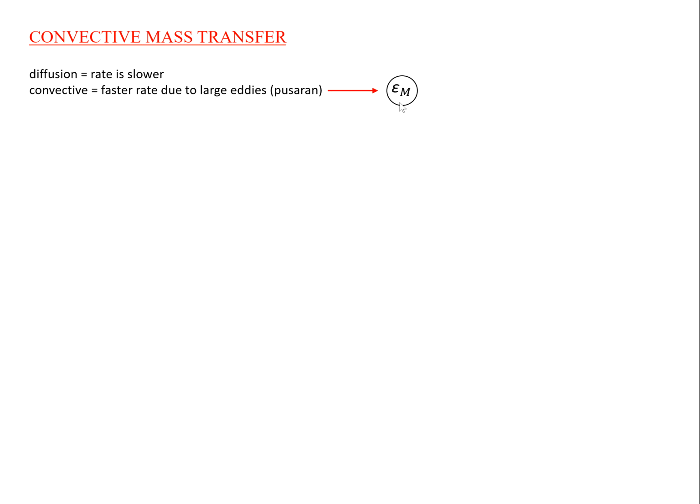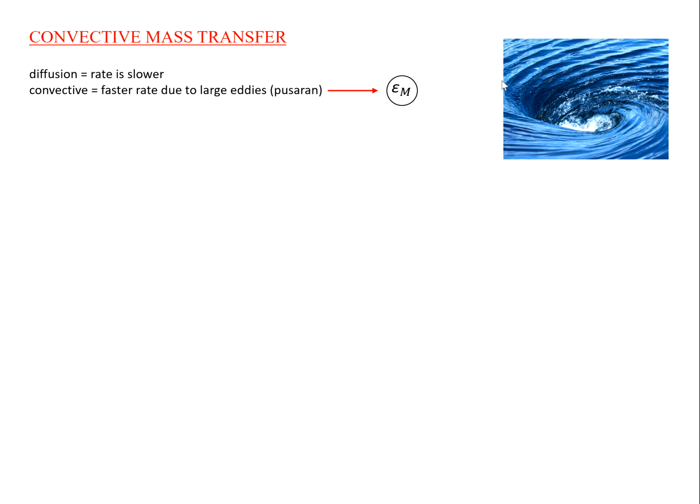So what is eddies or pusaran? This is the representation of eddies. Here you can see that when you have eddies, you have a larger or faster rate of mass transfer via convection. In diffusion, we don't have eddies.